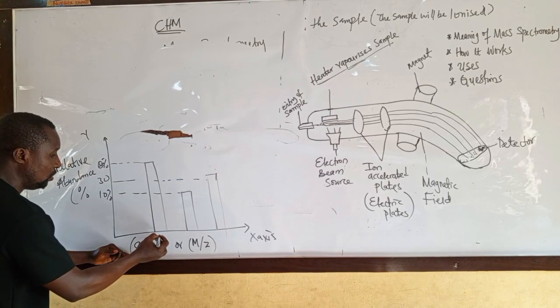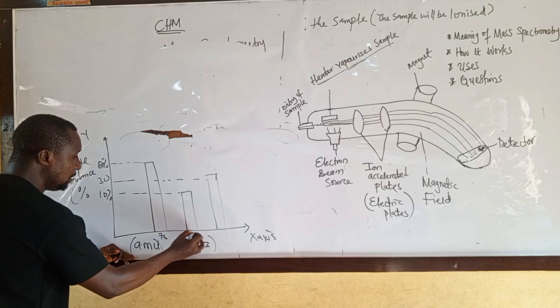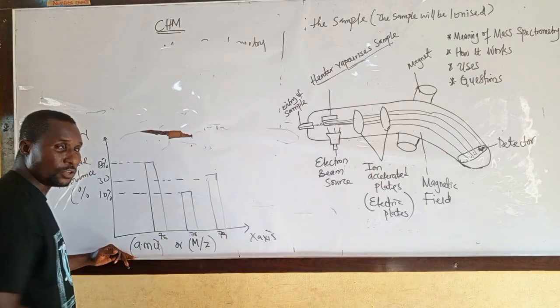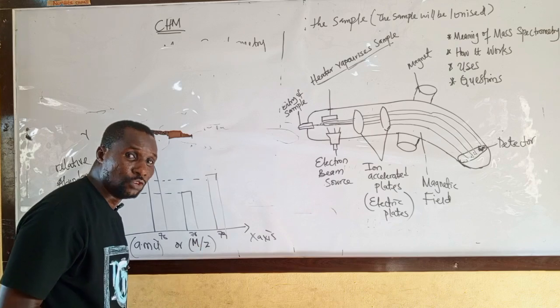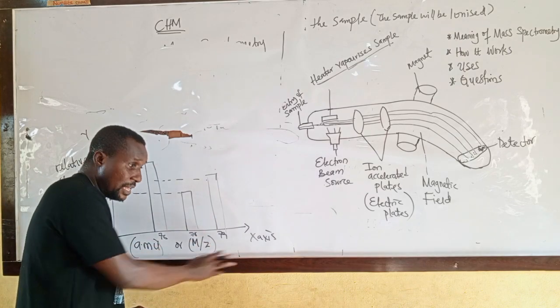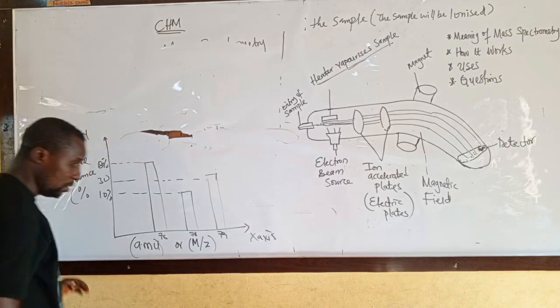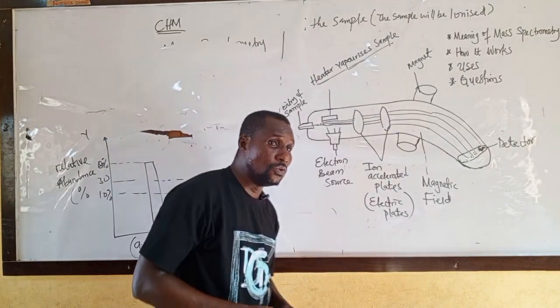The atomic mass unit can be given as 76, 78, 79, or they can give you a mass to charge ratio. Take note, atomic mass unit or mass to charge ratio is the x-axis, while the relative abundance is the y-axis.